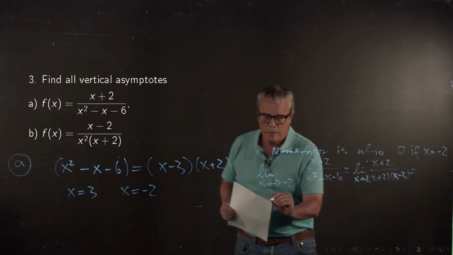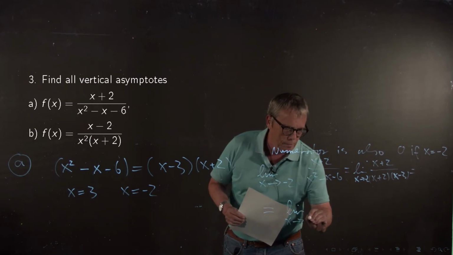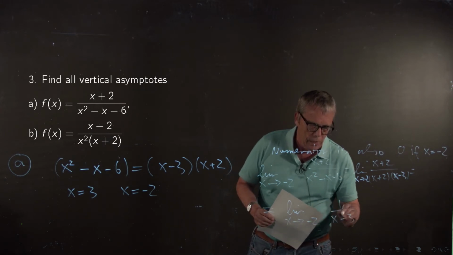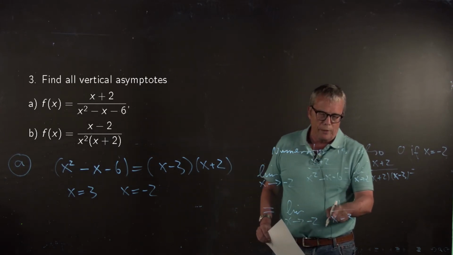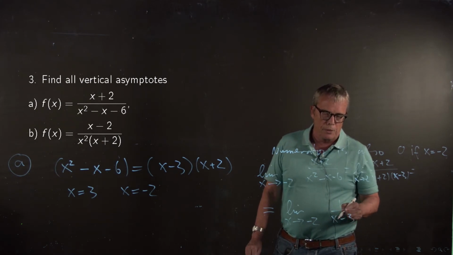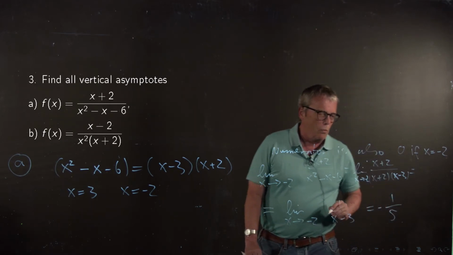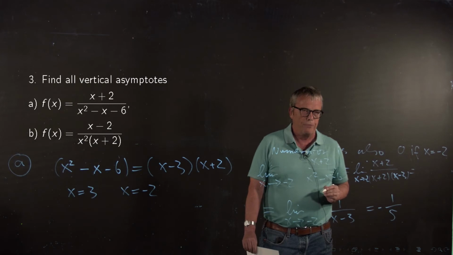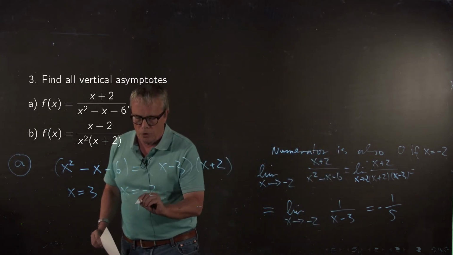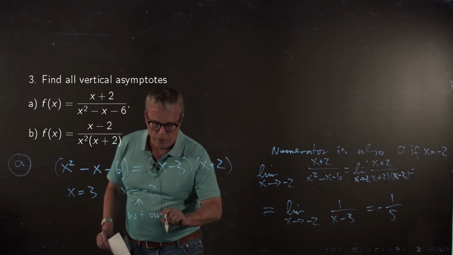So we get the limit for x approaching minus 2 of 1 over x minus 3. If x approaches minus 2, then x minus 3 approaches minus 5. So this is minus 1 over 5. Okay, so this is not a vertical asymptote.